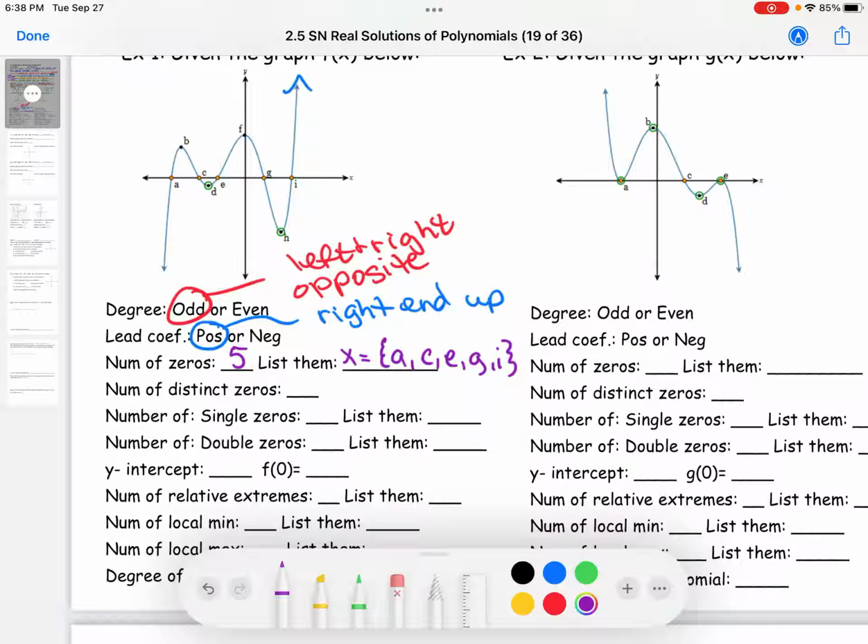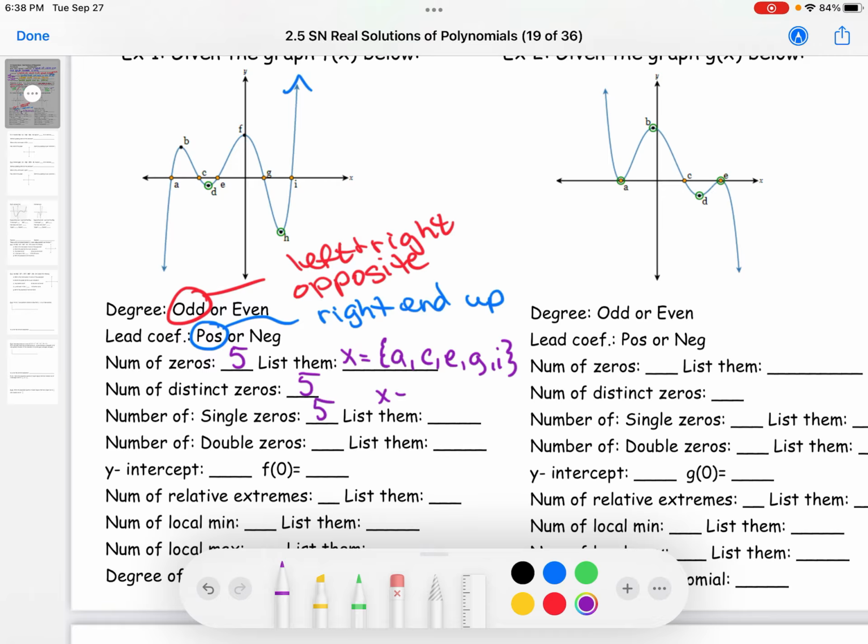Okay? Now, the number of distinct zeros, distinct means different from each other. All of these are different from each other. There's no other situations in this graph. Number of single zeros, all of these are single. They go clean through the x-axis. There's no bouncing or zigzagging at the x-axis.